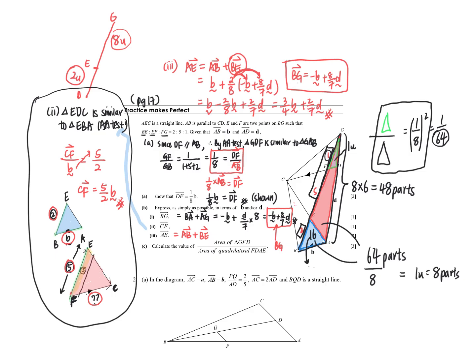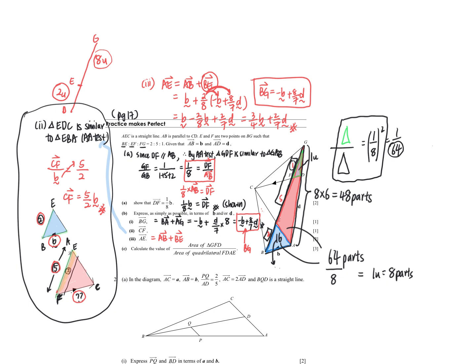But just now we also agree that this triangle, if we look at it properly, is triangles with common height. So this one is 2 units. This one is 6 units. The red one and the blue one. So this is a total of 64 units. Just now we already agree on that. If I divide by 8, each unit is 8 parts.